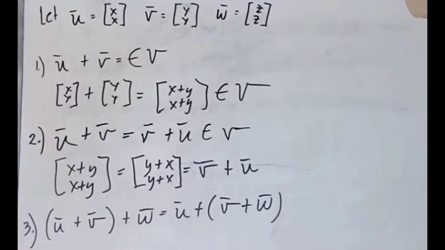Next, we have associativity. So we're going to prove that vectors can also be associative.